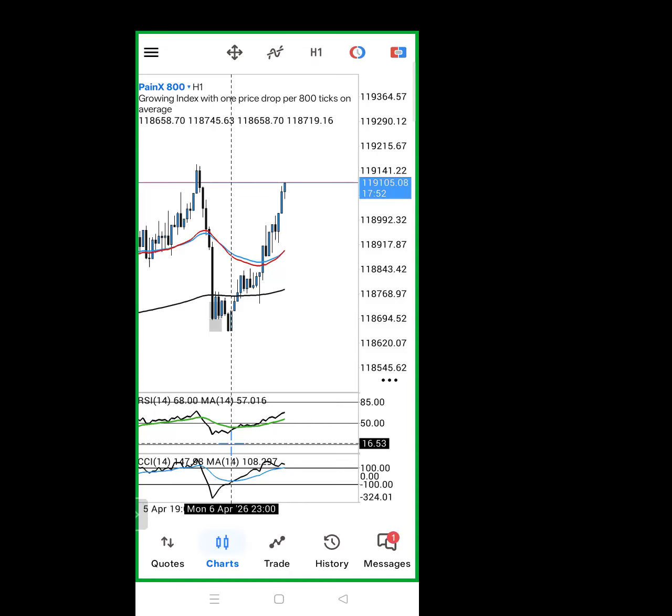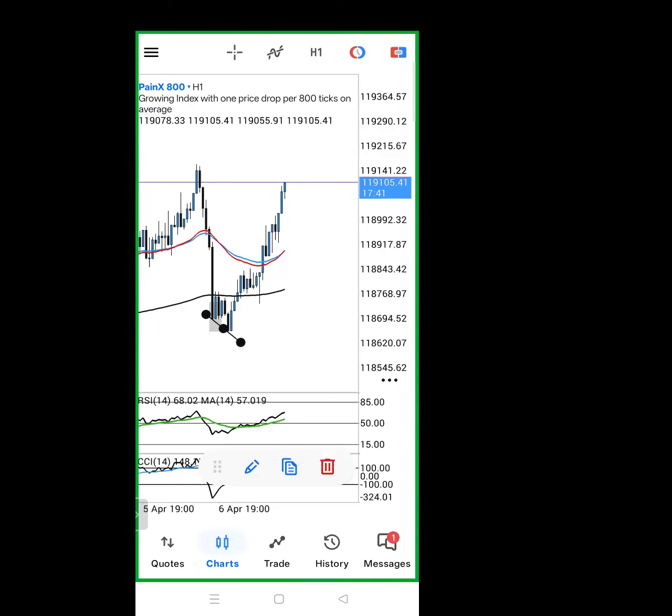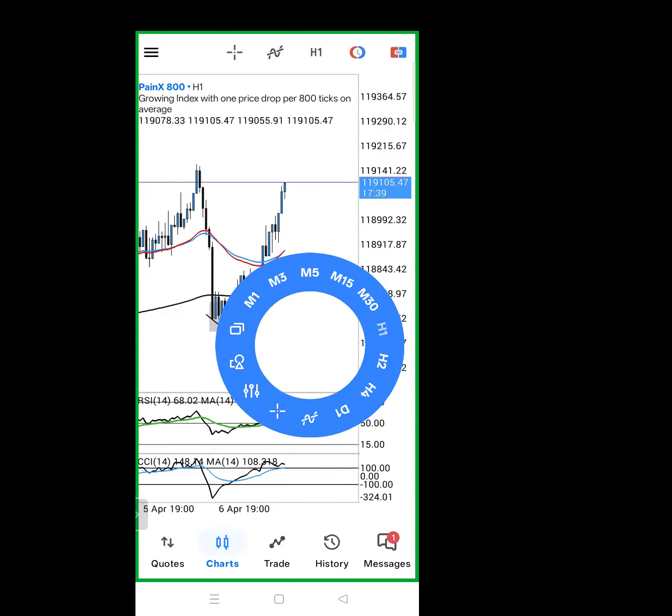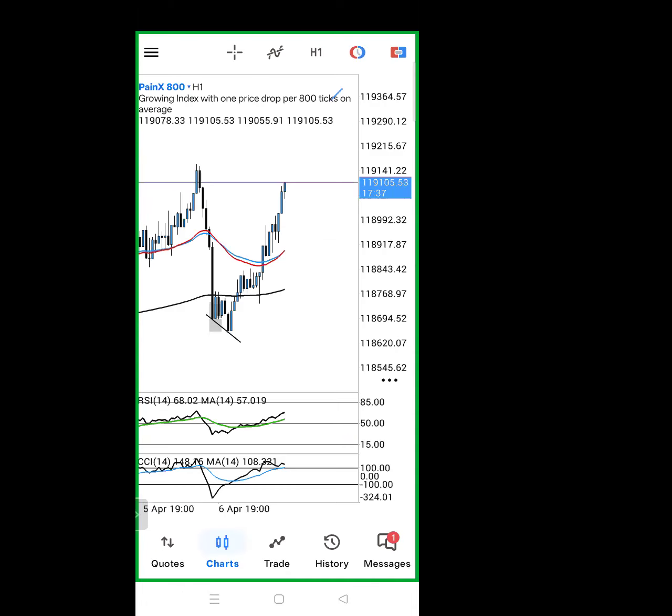Then you know that that is what is called divergence. So let me put it here for you to see. A simple way to mark divergence is just to draw it like this. Then when you come to the oscillator, you can see how it is. The two of them are going in different directions.